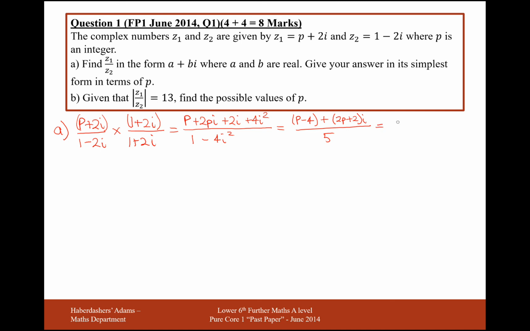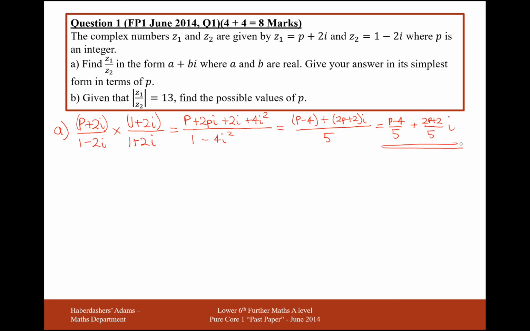Excellent. So the real part is going to be p minus 4 over 5, and that's going to add on 2p plus 2 over 5 i.